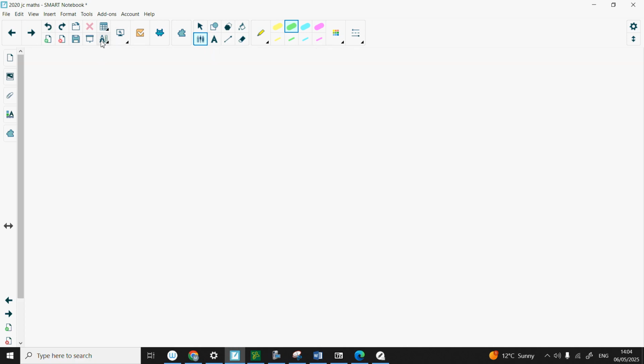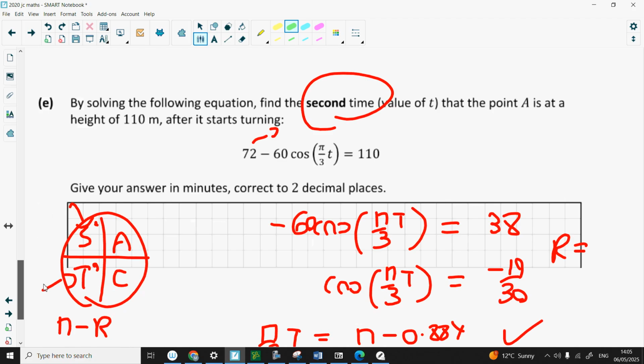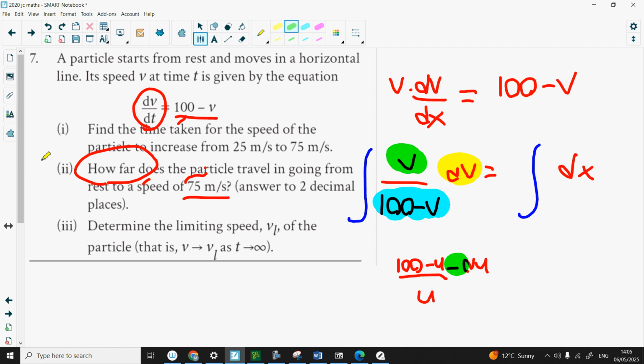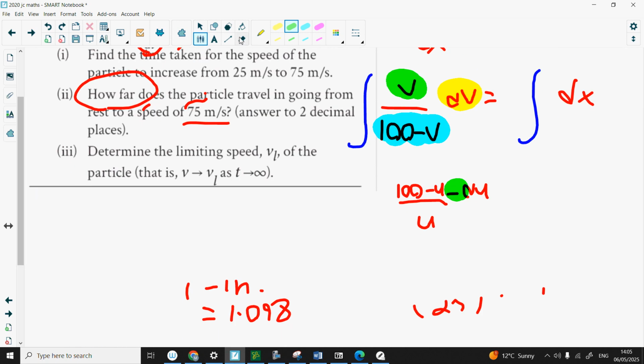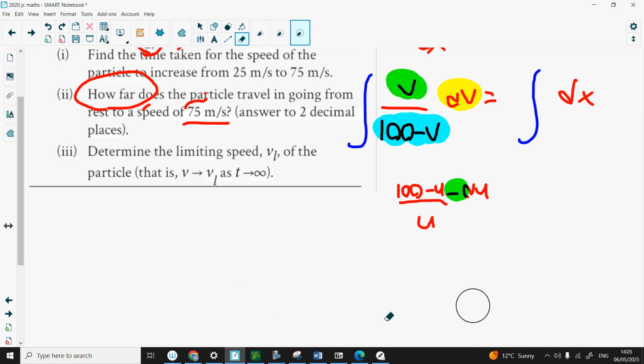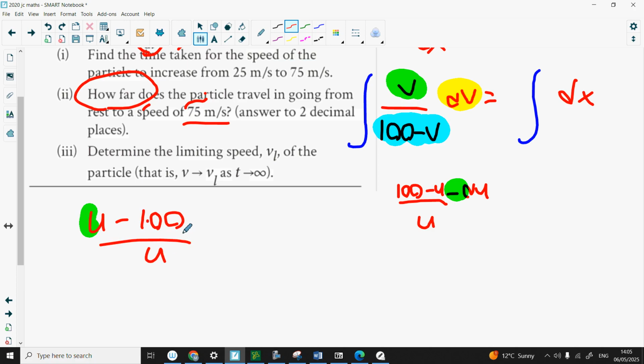What does it do to it? u minus 100 over u. Now we can finally do this. What's u over u? 1 minus 100 over u, which is technically 100 times 1 over u.